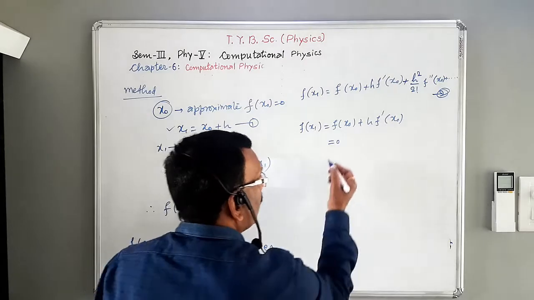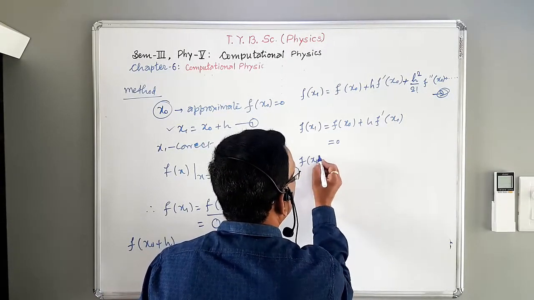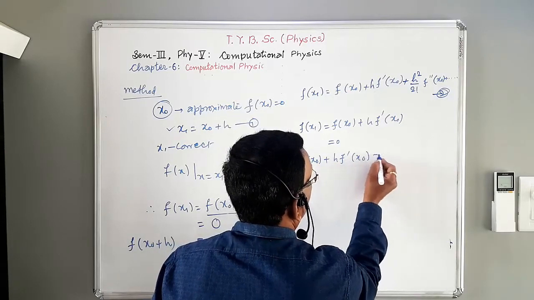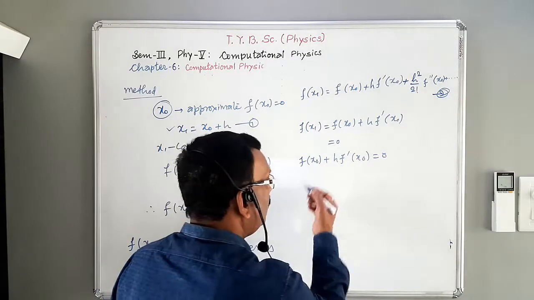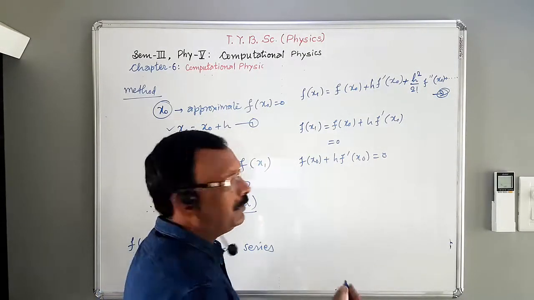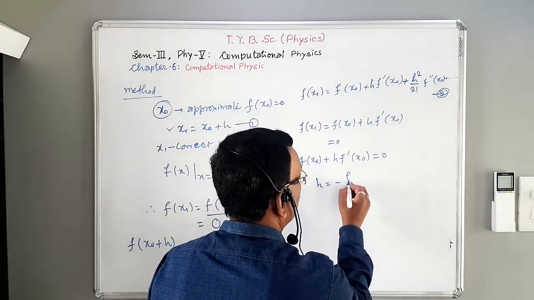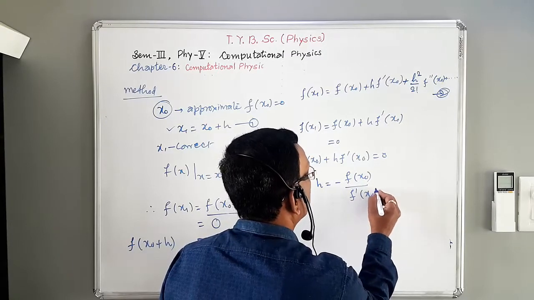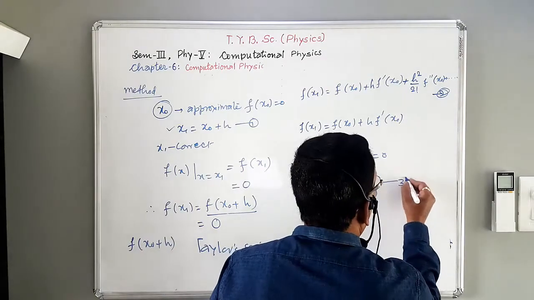So we can write f of x0 plus h f prime x0 is equal to 0. When we rearrange this equation, obviously we get h is equal to minus f of x0 upon f prime x0. Now suppose this is equation 3.